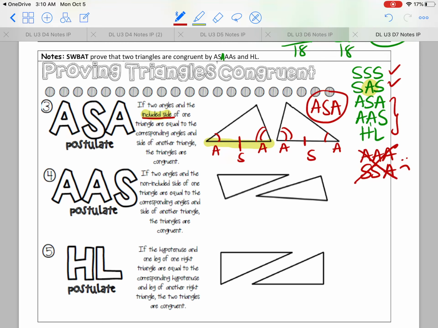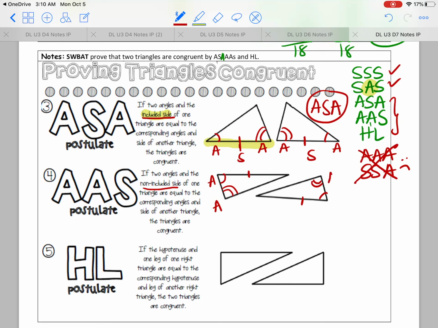Looking at the next shortcut, angle angle side. If two angles and the non-included side of one triangle. So we have two angles here. And the non-included side, this would be a side that is not in between those two angles. So I'm going to go ahead and label this triangle.